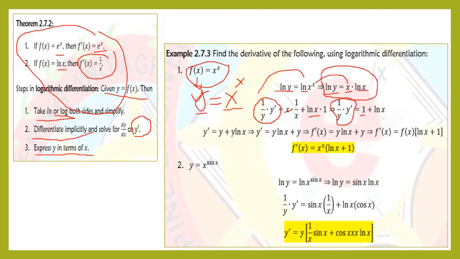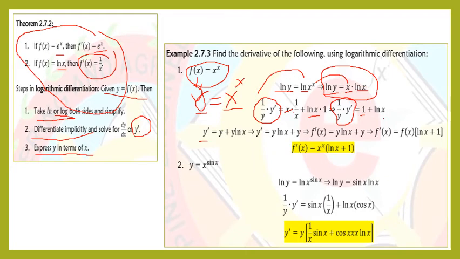So, mag-times tayo dito ng y both sides. 1 over y times y is y prime na lang. And then, sa kabilang side, magiging 1 times y is magiging y. And then, ln of x times y is magiging y times ln of x. So, dito sa right side naman, class, is magiging y plus y ln of x.